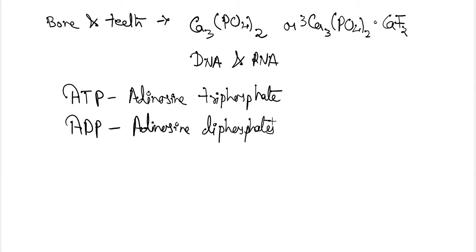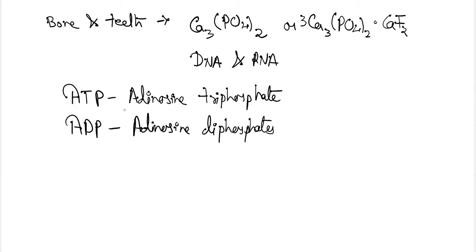The energy which is produced in our cells is produced in the form of ATP or ADP only. Also, the major sources of phosphorus for humans are milk and eggs, which contain it in very good amount.